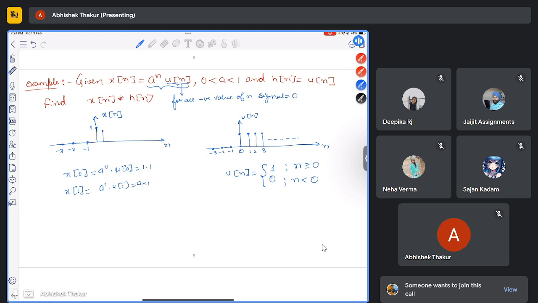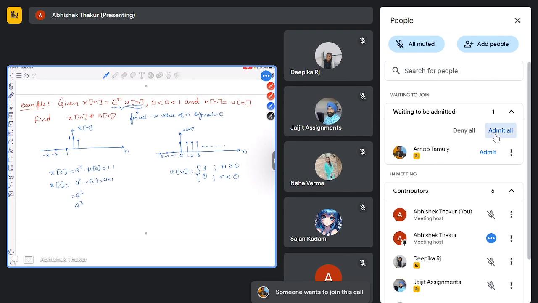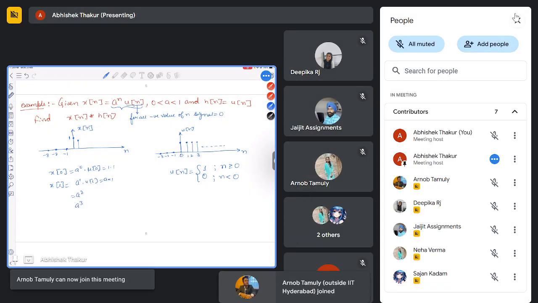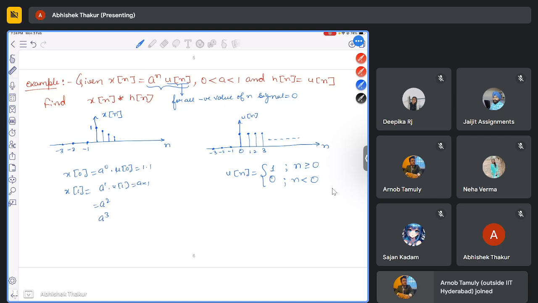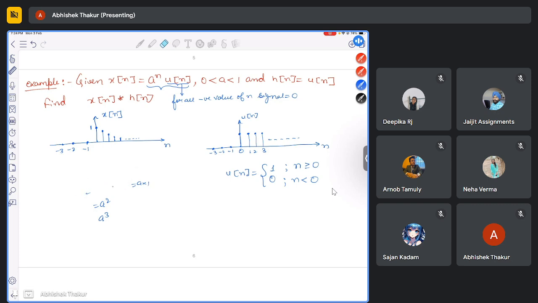Now when you increase it, it will become a squared, a cubed. And the value of a is less than 1, so again squaring will also reduce it, and it will converge like this. So this is our x[n]. Okay. I was just explaining how to sketch the curve. So I will erase this part.